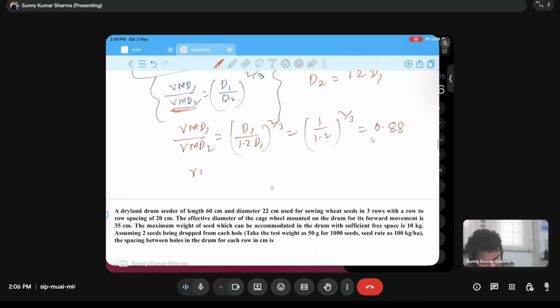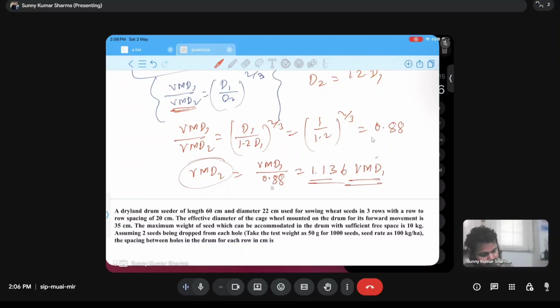So VMD2 is VMD1 by 0.88, which is 1.136 VMD1. So VMD2 is 1.13 times VMD1.